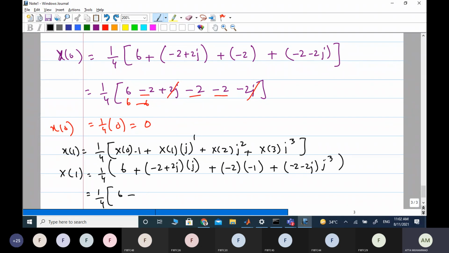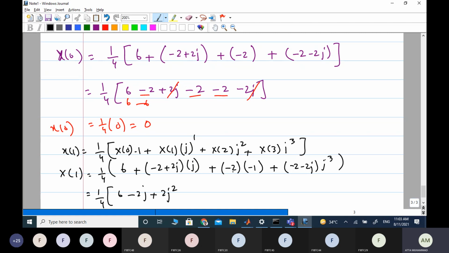Now you can see from here, when j is multiplied with this 2, then we get minus 2j, and minus 2j multiplied by plus is again minus 2j. Now when j is multiplied by plus into plus plus, 2j into j is 2j square, and when it is multiplied with plus we have 2j square.